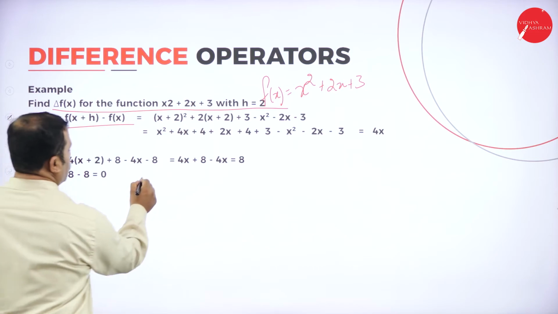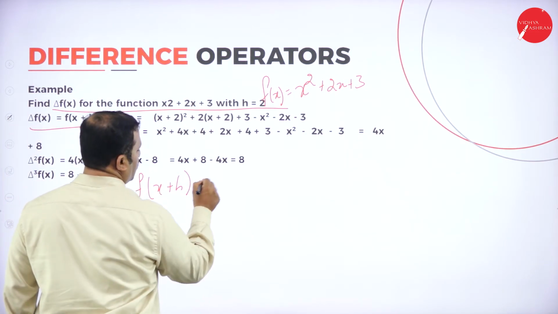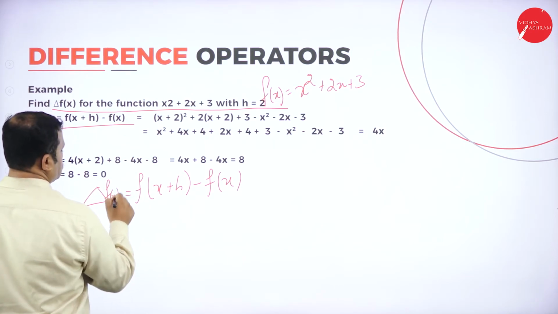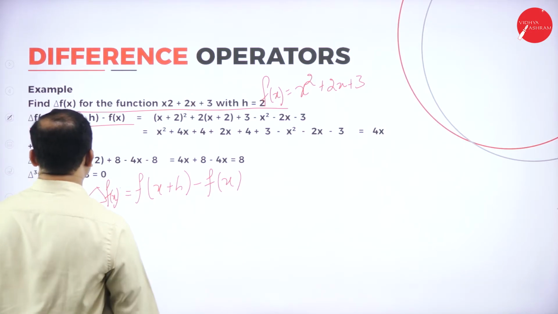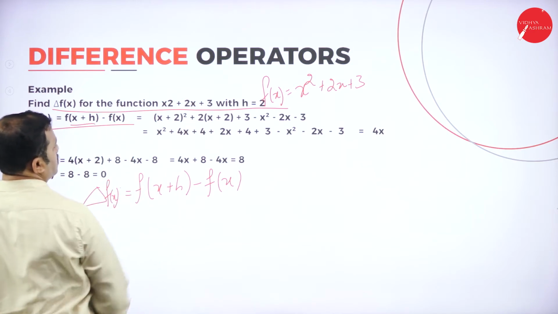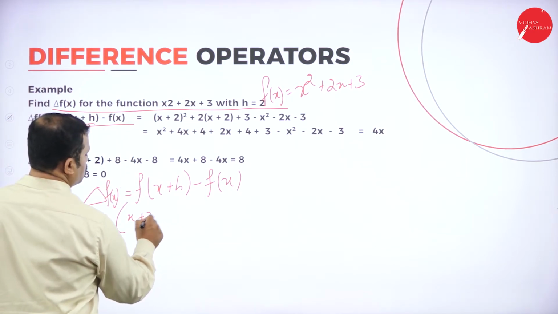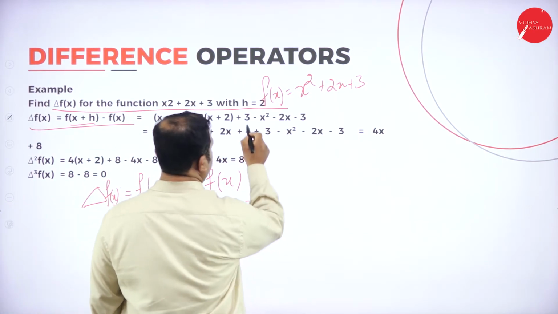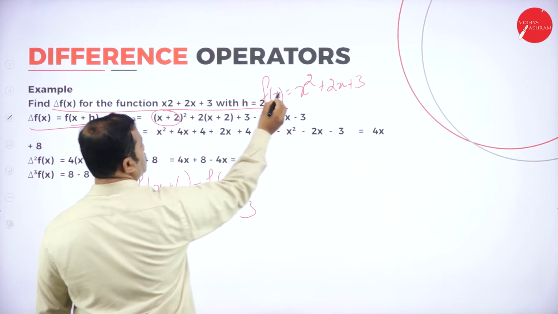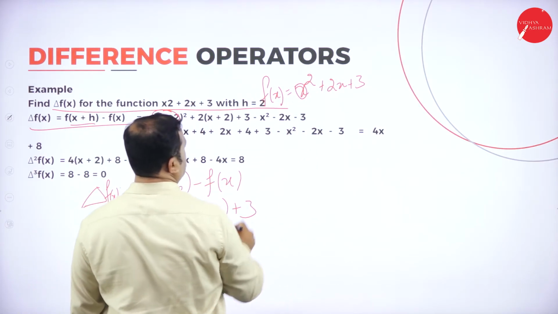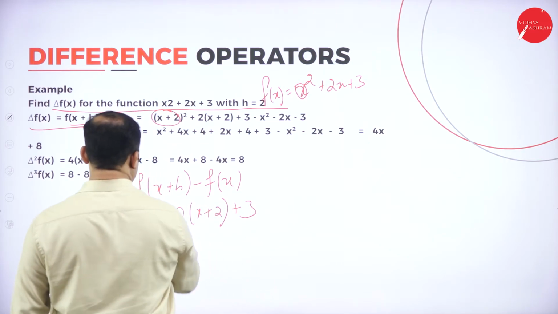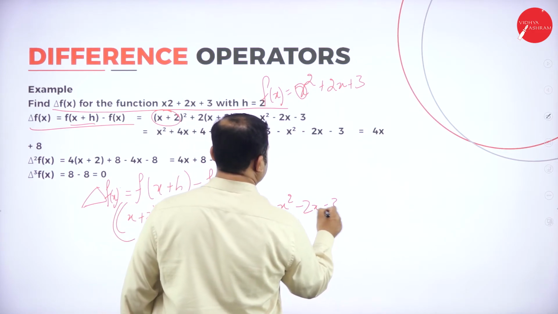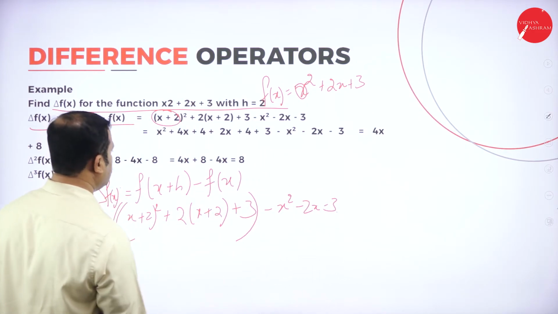With this formula, f(x+h) minus f(x) defines the value of Δf(x). So Δf(x) can be determined with the help of this: (x+2)² + 2(x+2) + 3. I'm substituting x+2 into this term, minus the original equation, x² + 2x + 3.